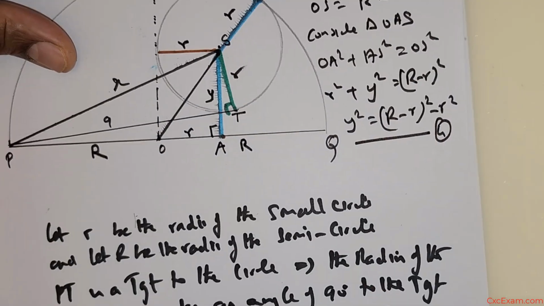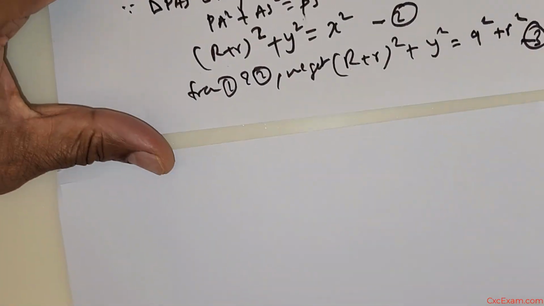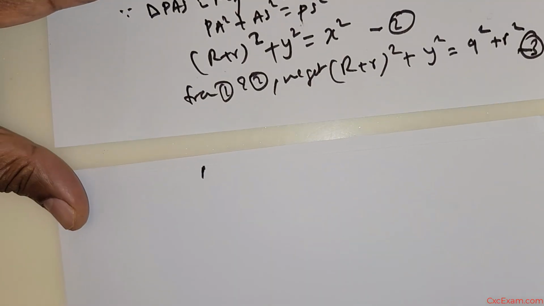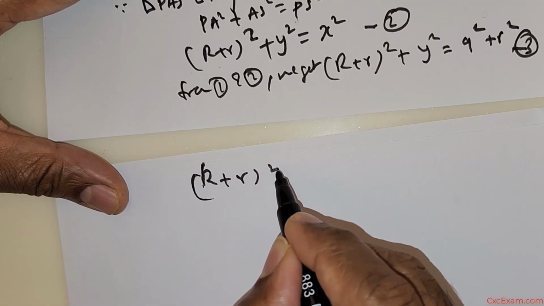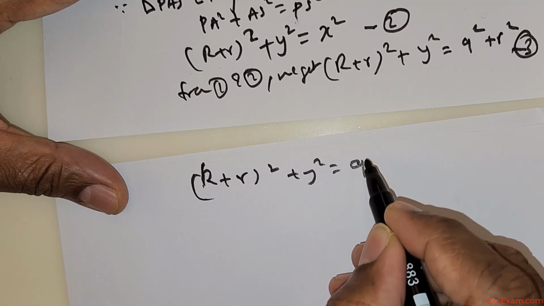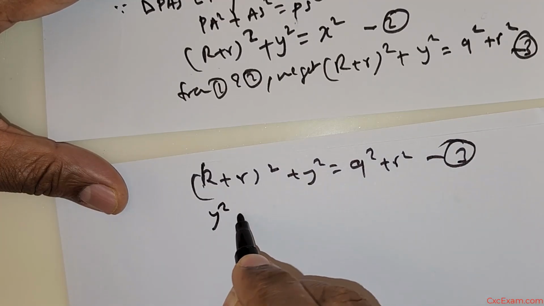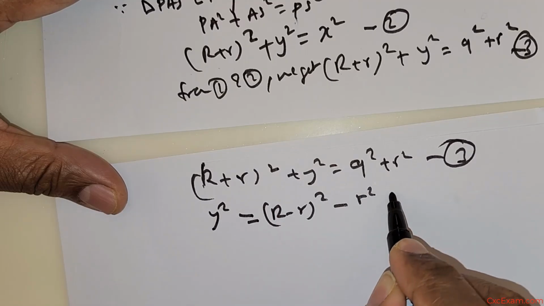So I can use 4 in 3. Let me go and write there. What is 3? 3 is capital R plus r the whole squared positive Y squared is equal to 9 squared positive r squared. This is 3. And what is my 4? Y squared is equal to R negative r the whole squared negative R squared.